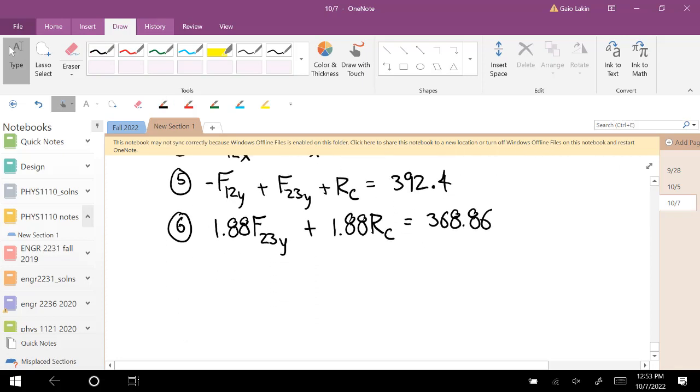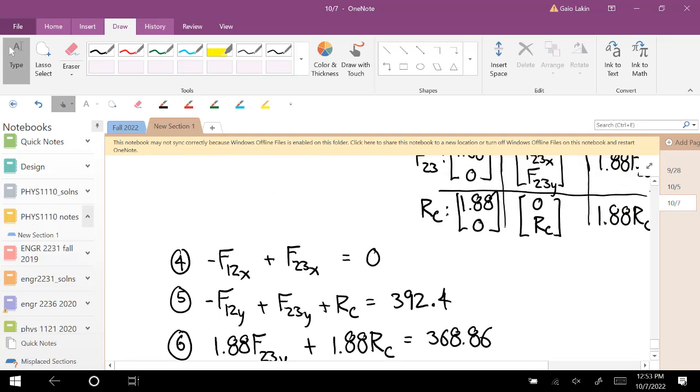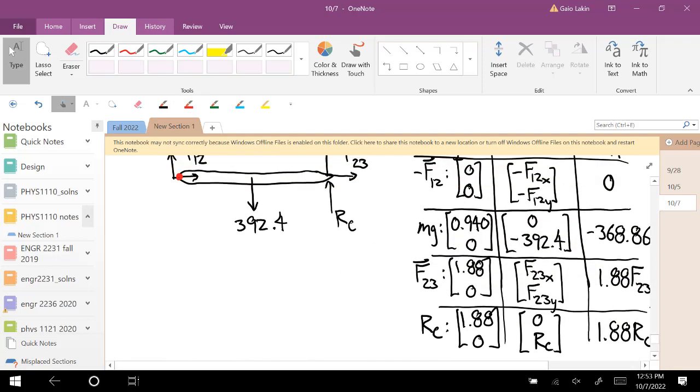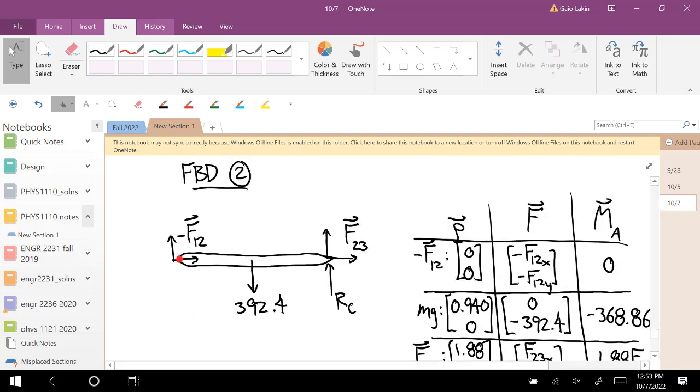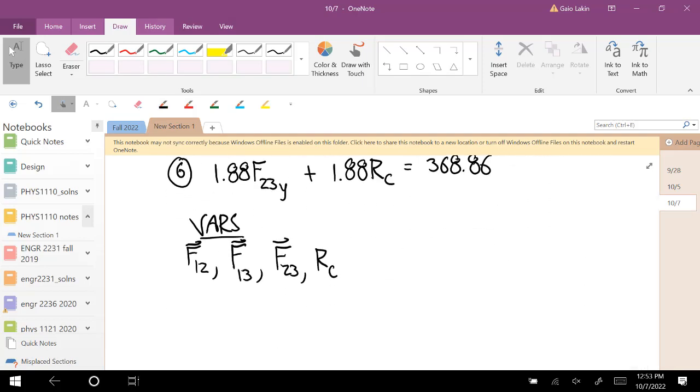Okay, 2 more minutes. 1 more minute. So now we have 6 equations. We only had 6 variables after the last body, but what do we have now? Did we add any? We still have the ones we had before, F12, F13, and we added F23 and RC. Oh, and I'm missing RA.